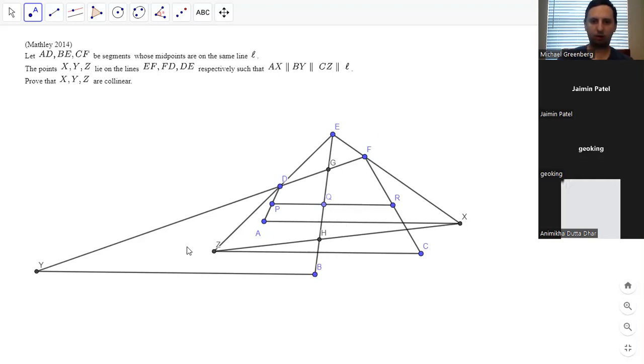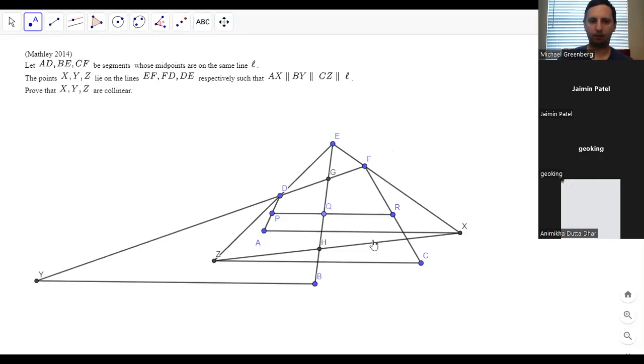So if I draw all the different parallels, so they meet this line, let's see. All right, so we have conjoining. Let's see. That would be kind of interesting.